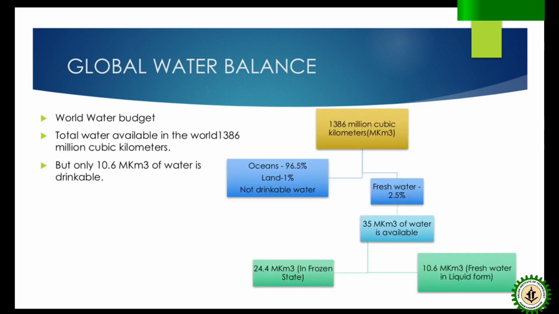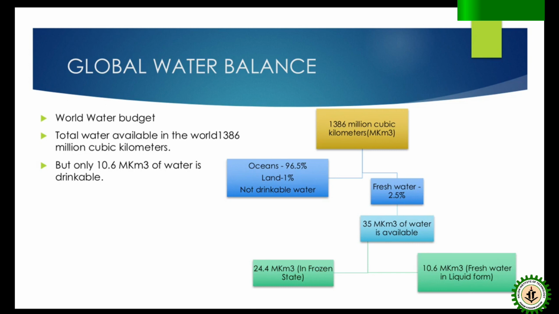So coming to global water balance, what is this? In the whole world, there are 1386 million cubic kilometers of water available on the complete earth, everything including oceans and land.